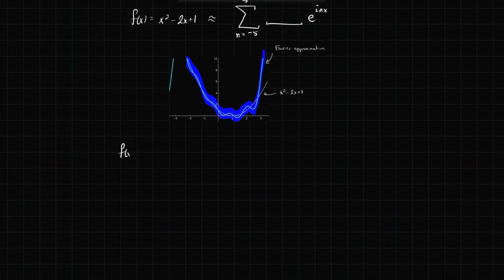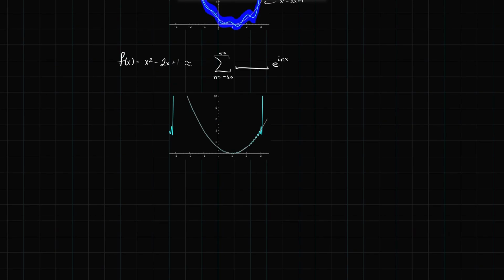Let's go one step more and run, instead of only up to 5 terms, let's run this up to 50 terms. When I run it up to 50 terms, I end up with the approximation shown here, and here you can see now in the cyan is the Fourier approximation, and in the gray is x squared minus 2x plus 1.